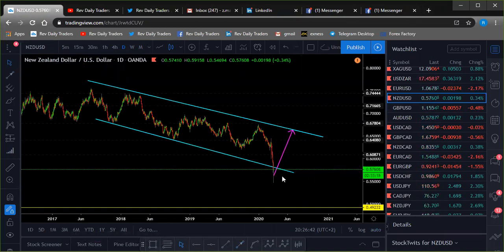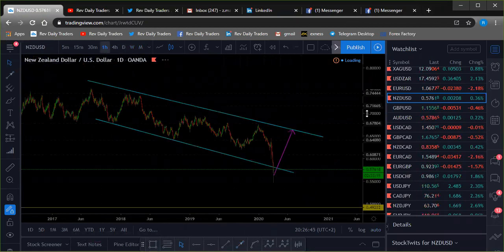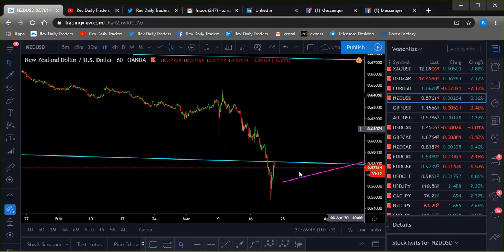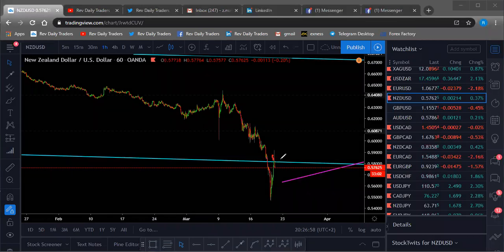So what we are expecting here, we'll wait on lower time frame to give us a correction there, a correction here.